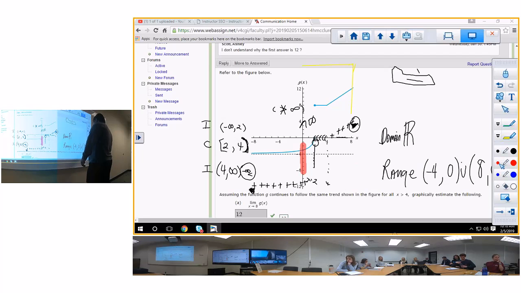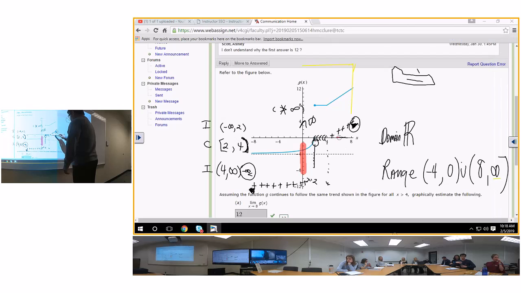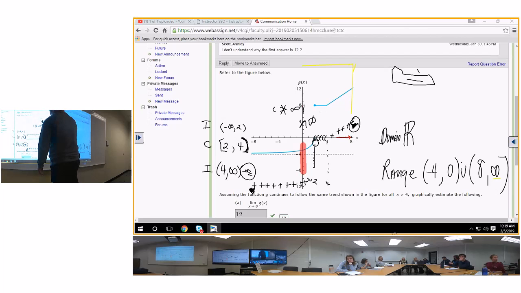I thought I hit red. As I approach 8 and not touch 8 from the left, what am I doing on the y? I'm approaching what? 12. I'm approaching 12. See? As x goes to 8, what is y going to?